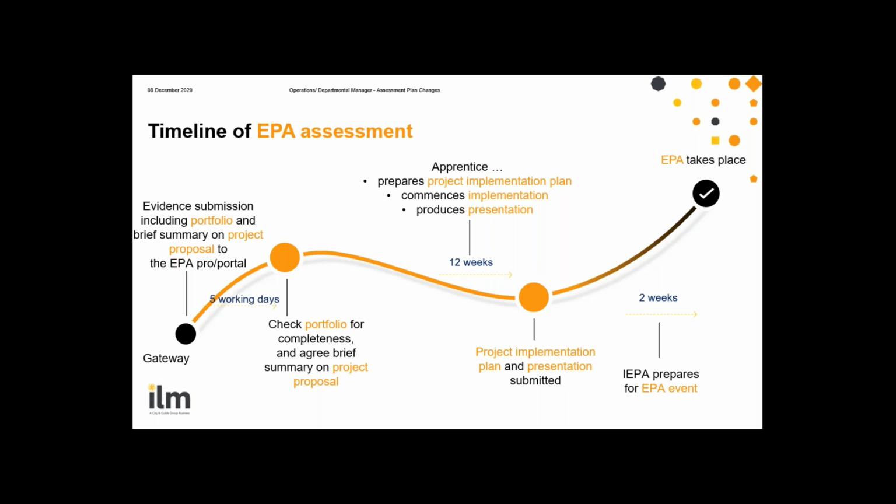From that point on, the apprentice will be given 2 weeks notice ahead of the presentation day. So the apprentice will have time to review the project proposal and presentation documents, and at the same time the IEPer will have 2 weeks to review the content and prepare the questions accordingly.